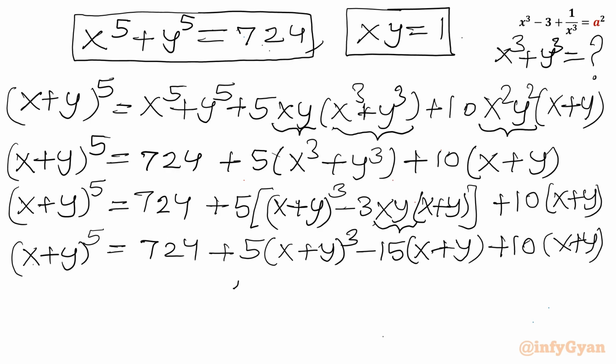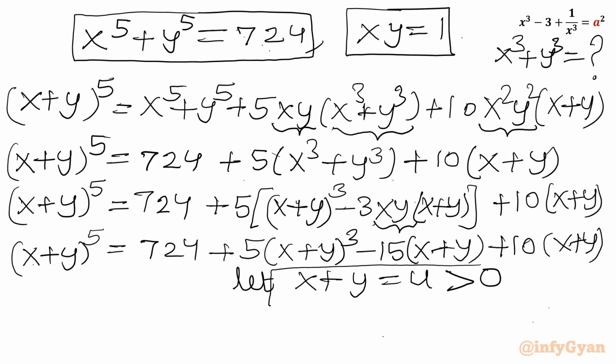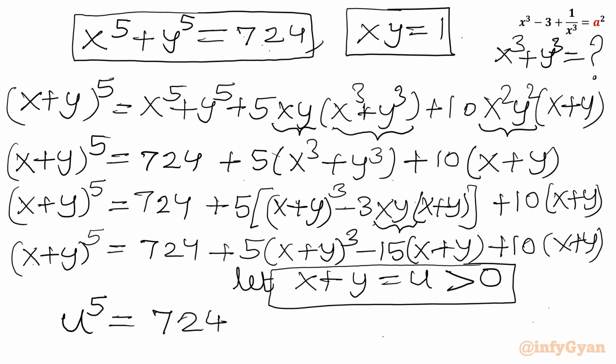Now let's use substitution. x + y = u. x is positive, y is positive, so u must be always positive for real solutions. So I will get my equation u^5 = 724 + 5u³ − 5u.